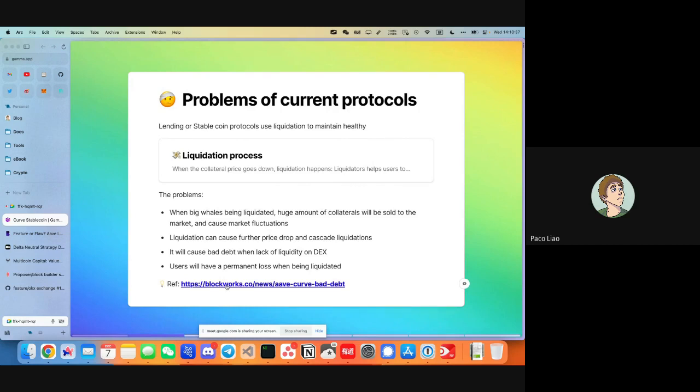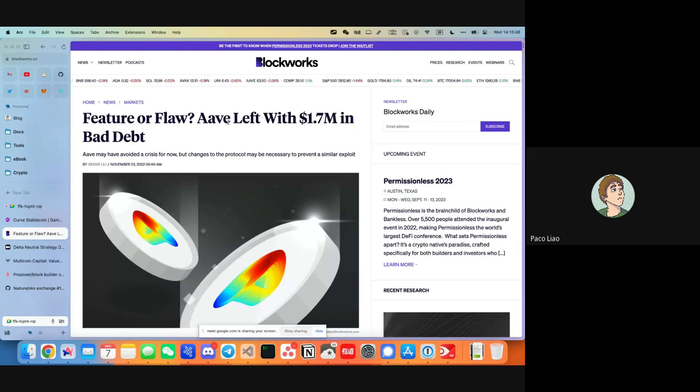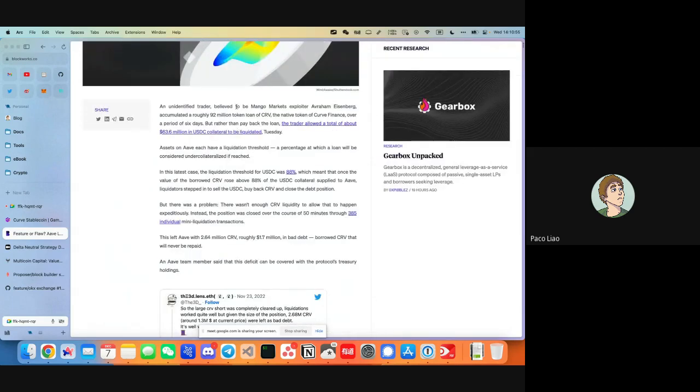There's a link showing that this actually happened, I think 2 or 3 weeks ago. A whale got liquidated on Aave, and bad debt happened. The Mango Markets exploiter borrowed 92 million CRV, and he wanted to short CRV because he wanted to liquidate Michael, the creator of the Curve protocol.